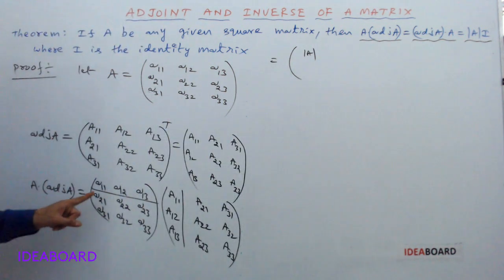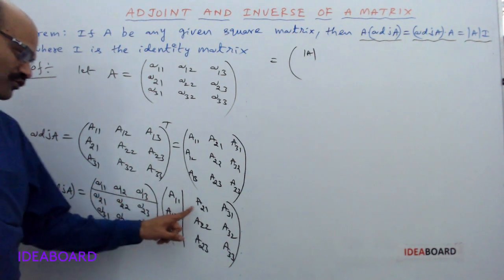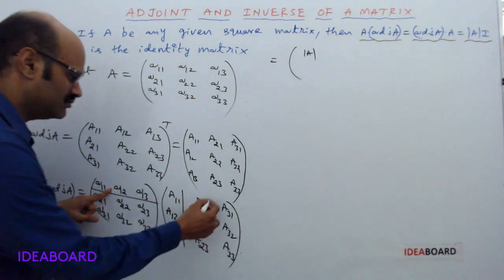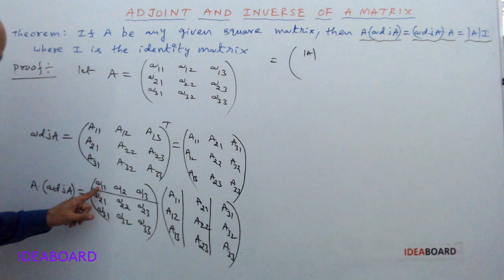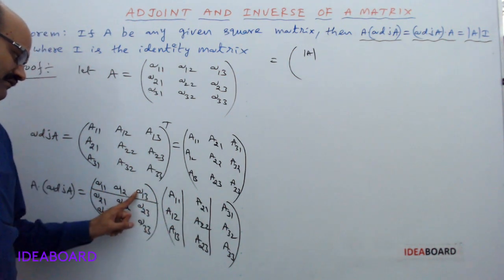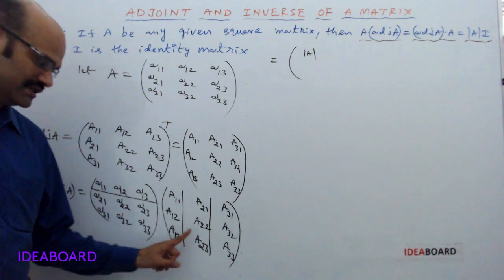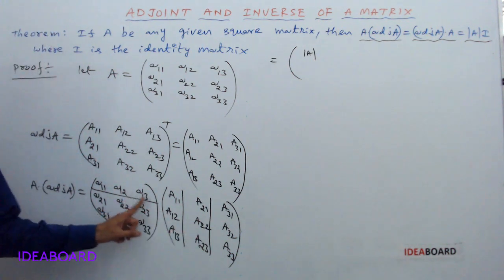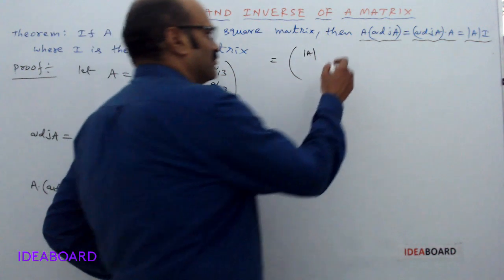Next one. First row into second column: a11 into A21, a12 into A22, a13 into A23. From the properties of determinants, that is equal to 0.